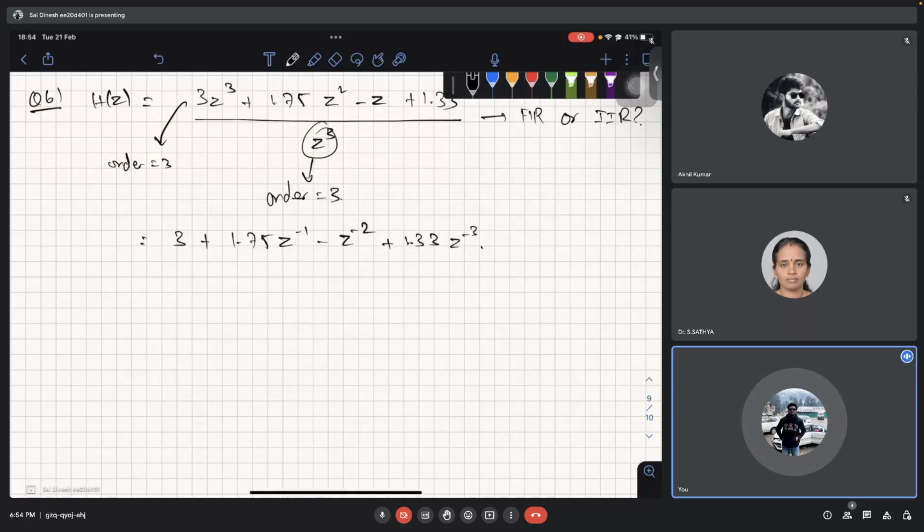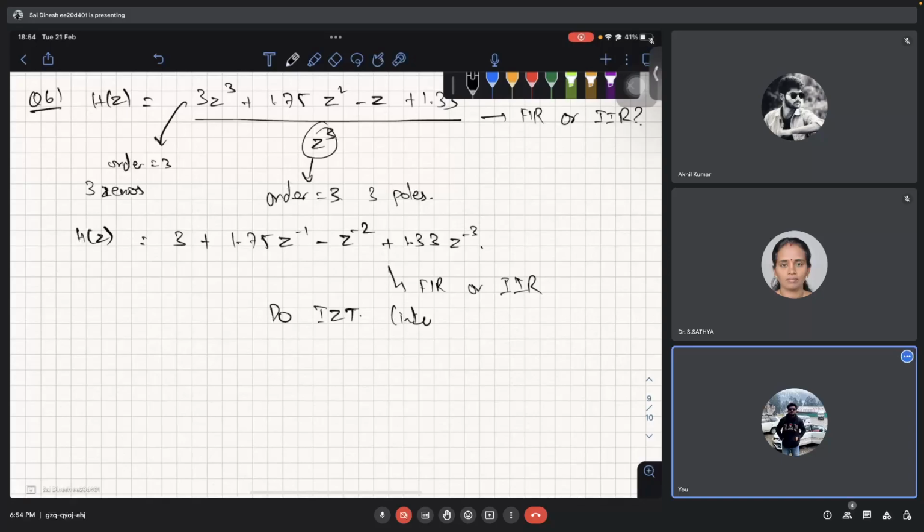So basically we have three zeros and 3 poles. This is the system function that we have. Is this an FIR or IIR? To get this, do the inverse Z transform.